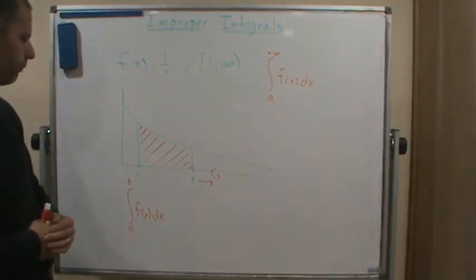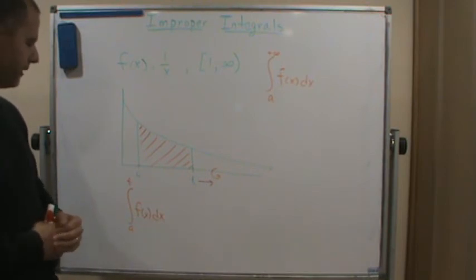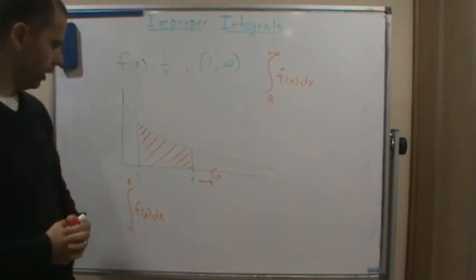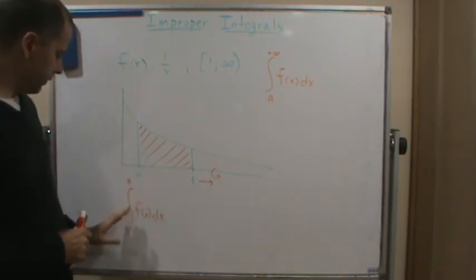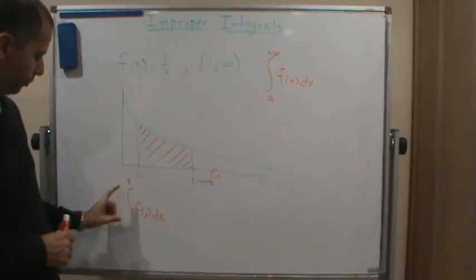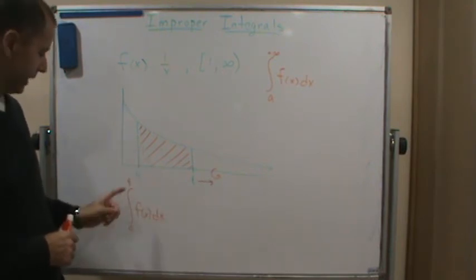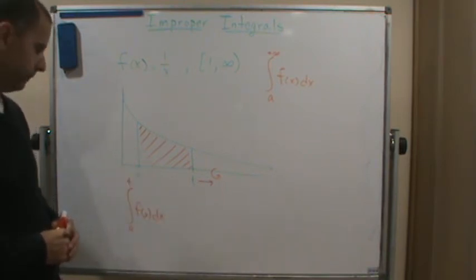So one way we could define this is using limits, right? What if we take the limit of this integral? We know we can take this integral, but what if we keep moving t bigger, bigger, bigger, and we take the limit as t approaches infinity?